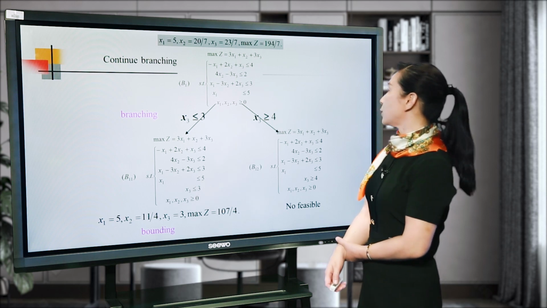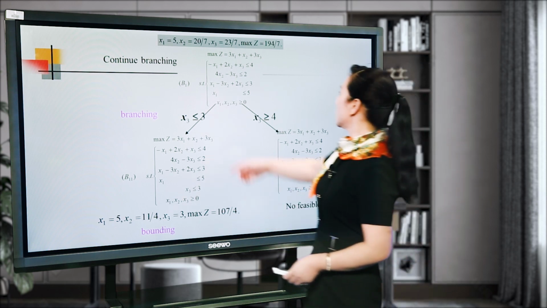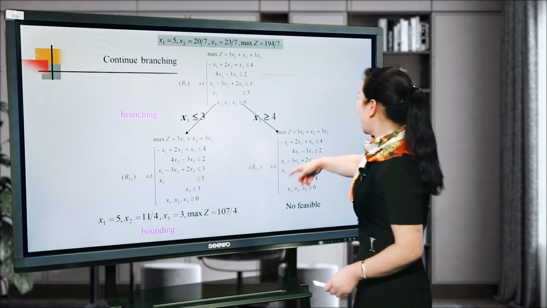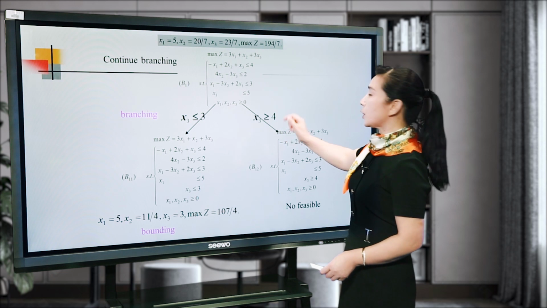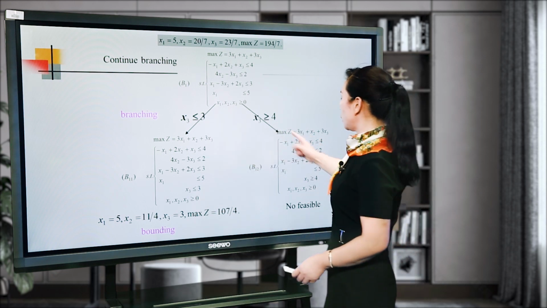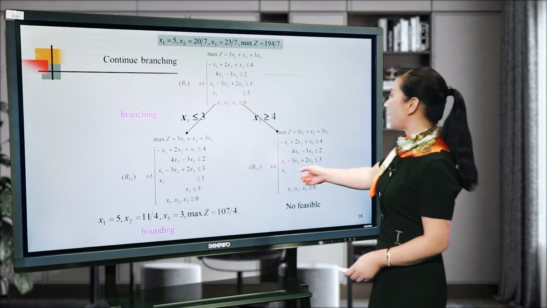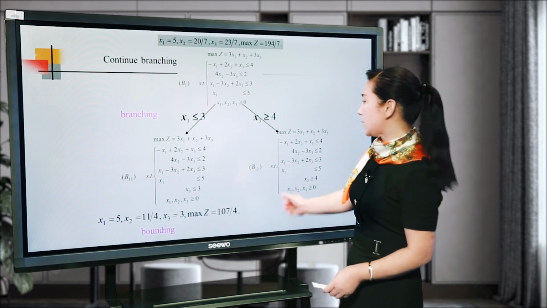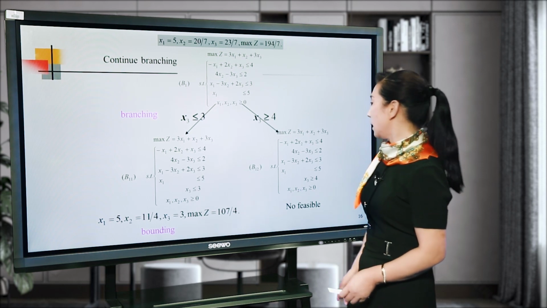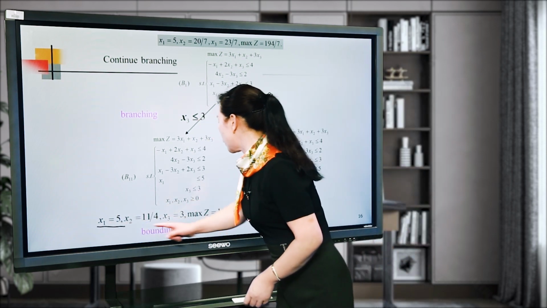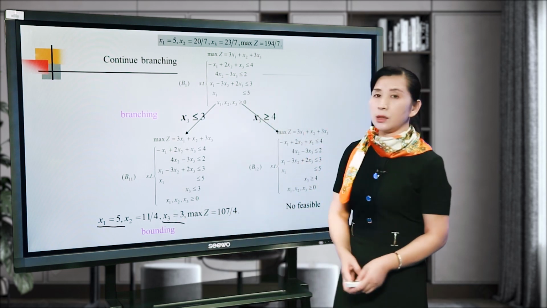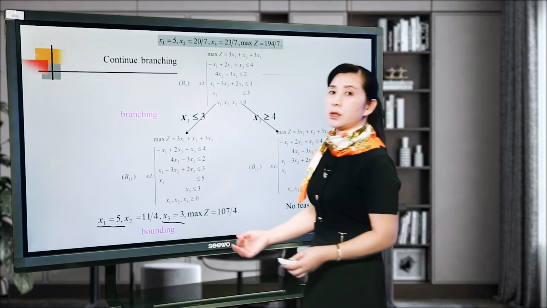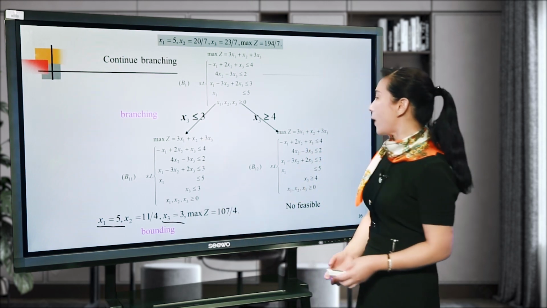So this optimal solution is not the solution we need. We continue branching. We choose B1 to branch. We set x3 less than or equal to 3, and x3 greater than or equal to 4. We get these 2 subprograms, B11 and B12. We solve these 2 programs by the simplex method. In B11, x1 and x3 are integers, so the solution meets our requirements.